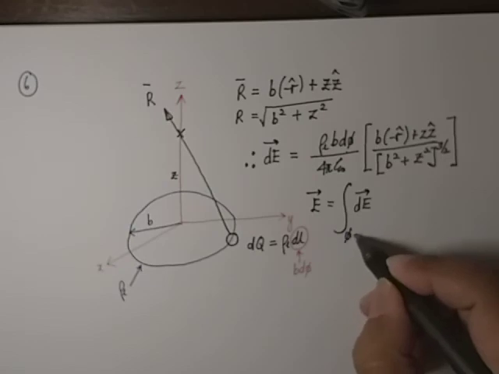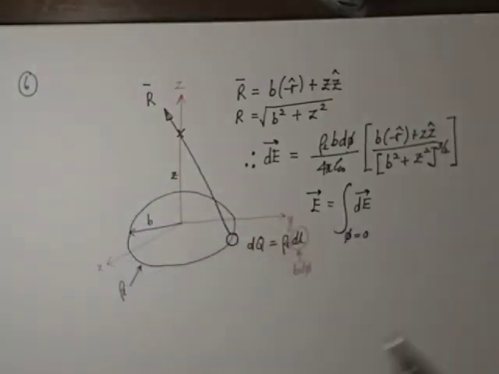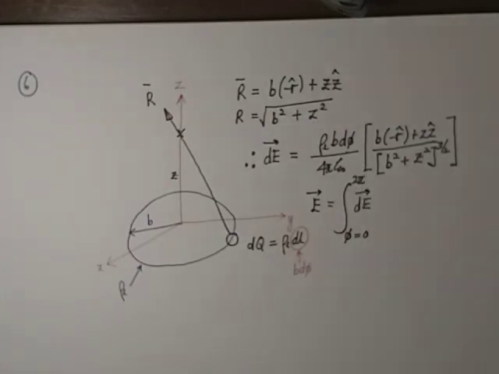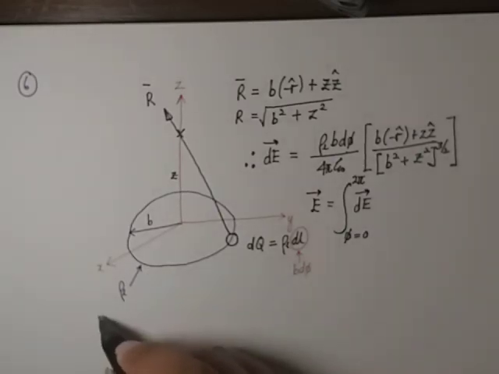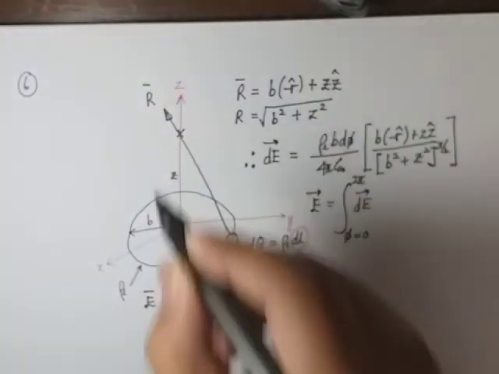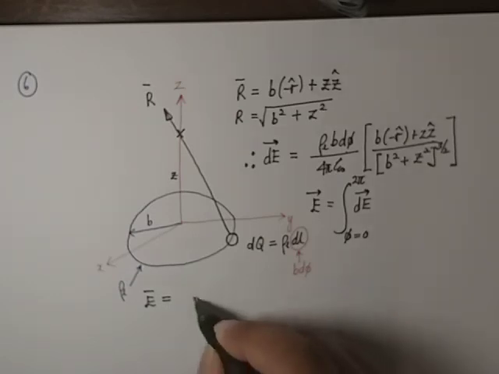So phi from 0, because it makes a complete circle, should go to 2 pi. Okay, so if you solve the mathematics, you can get the E finally. The E solution there is equal to rho L.